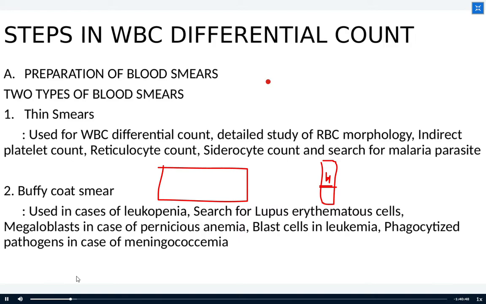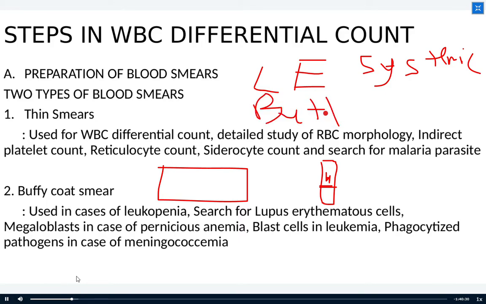Now, what's with the lupus erythematosus cells, class? Your LE is a systemic disease. If you ever know someone with lupus, they would be characterized by a butterfly rash. The butterfly rash would be seen on the cheek.